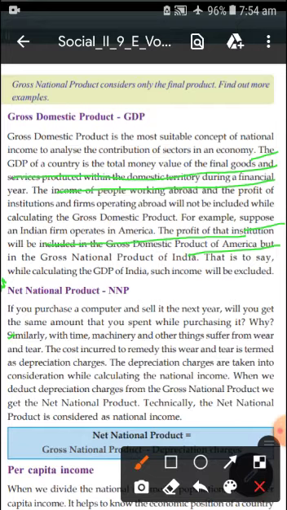Got this point? If you have a company, an Indian firm operates in America. The income of the people working abroad, in any other nation, Gulf countries or Germany, France or America, and the profit of institutions and firms operating abroad will not be included while calculating the gross domestic product.